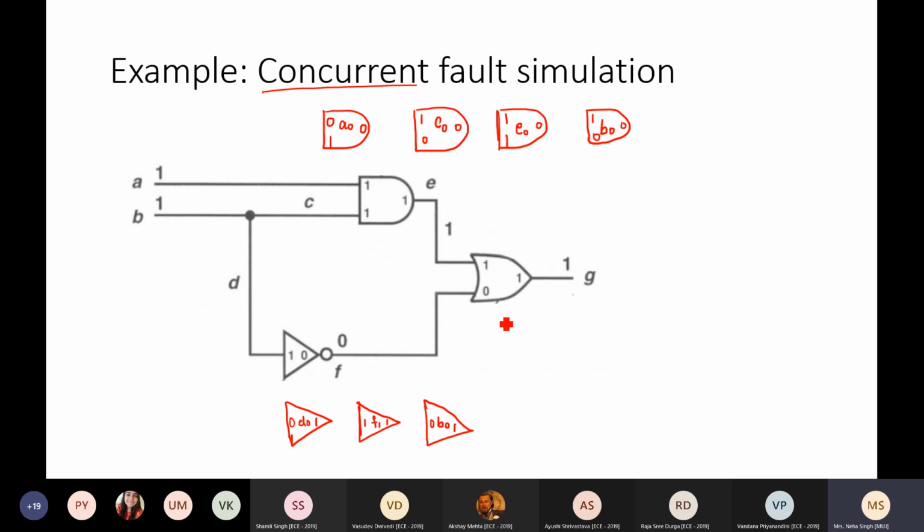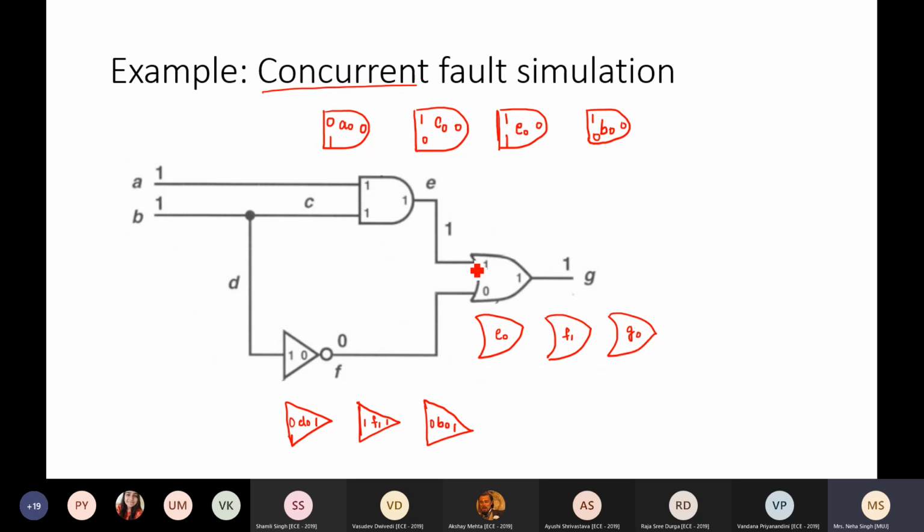Fine. Now for this OR gate. OR gate के बताओ faults. एक तो E पे रहेगा, E stuck at 0. एक प्राइमरी इनपुट F है तो F stuck at 1. Primary output is G stuck at 0.